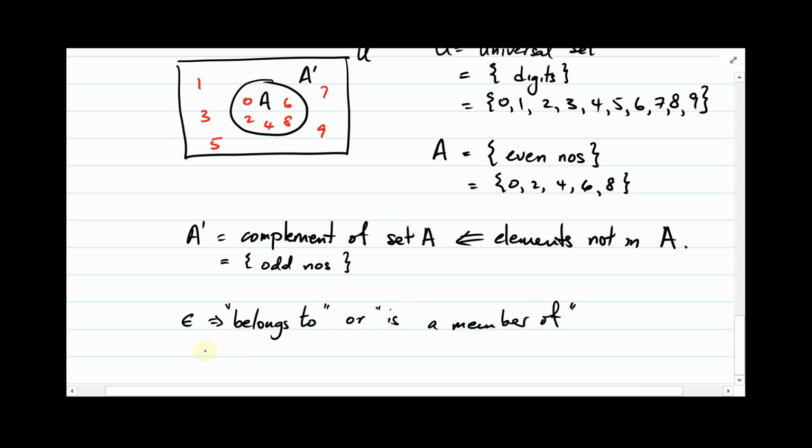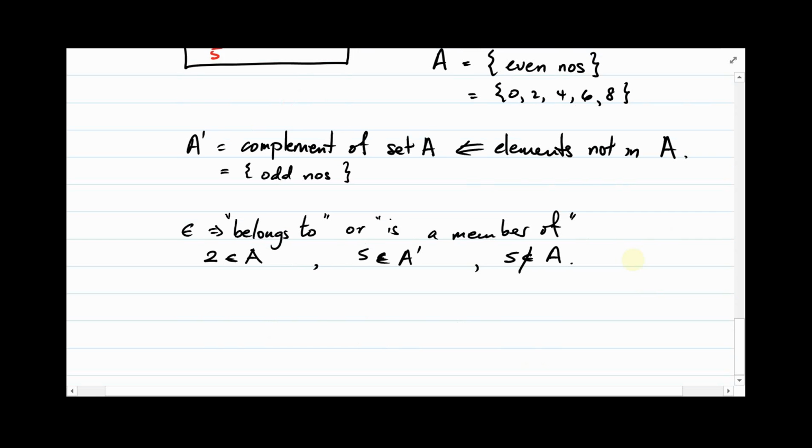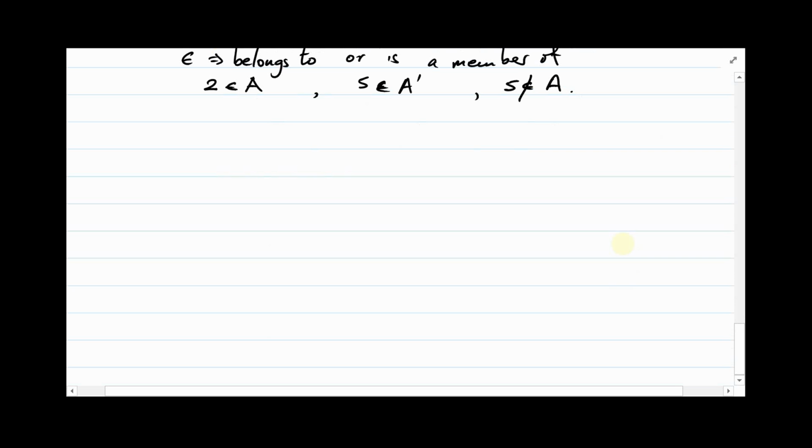Right, so we could write this element 2 is a member of set A, 5 is a member of set A complement. Notice that 5 is not a member of set A. Alright, so do look back at some of those symbolism that you have met from previous classes.